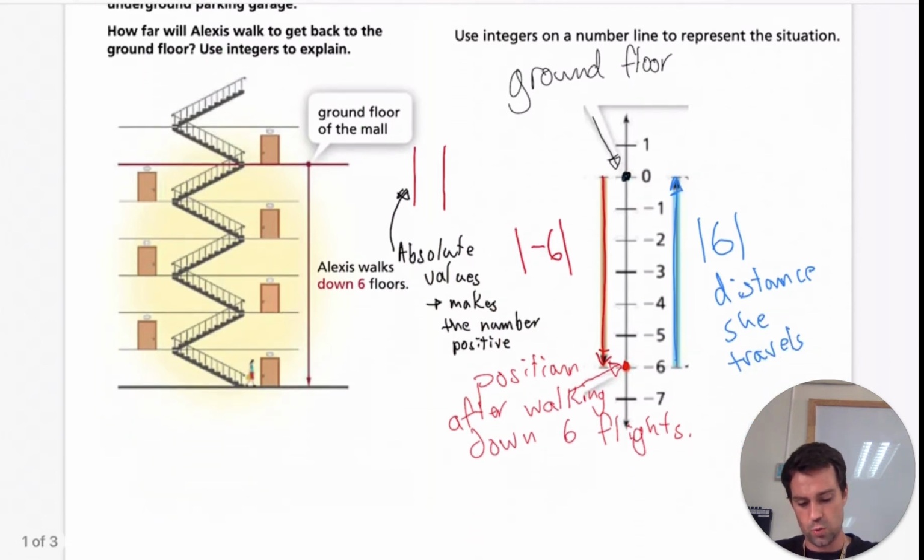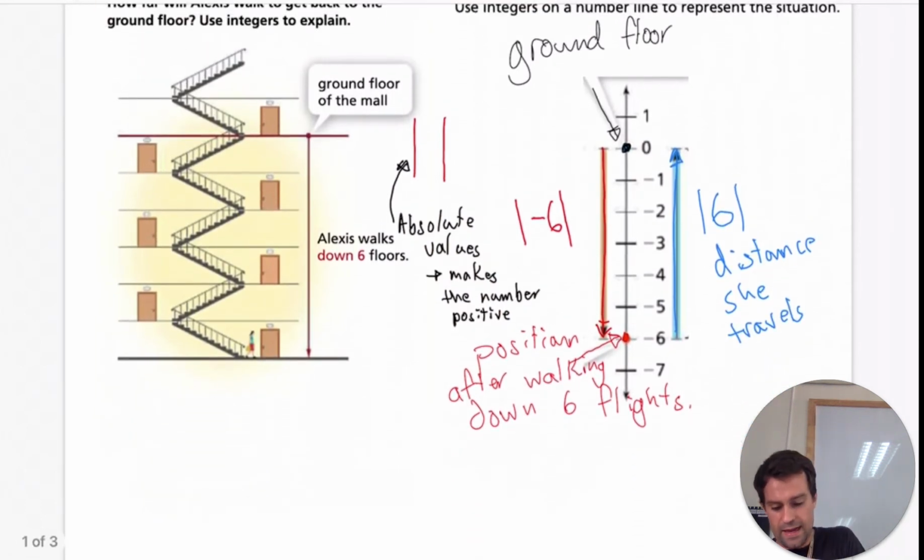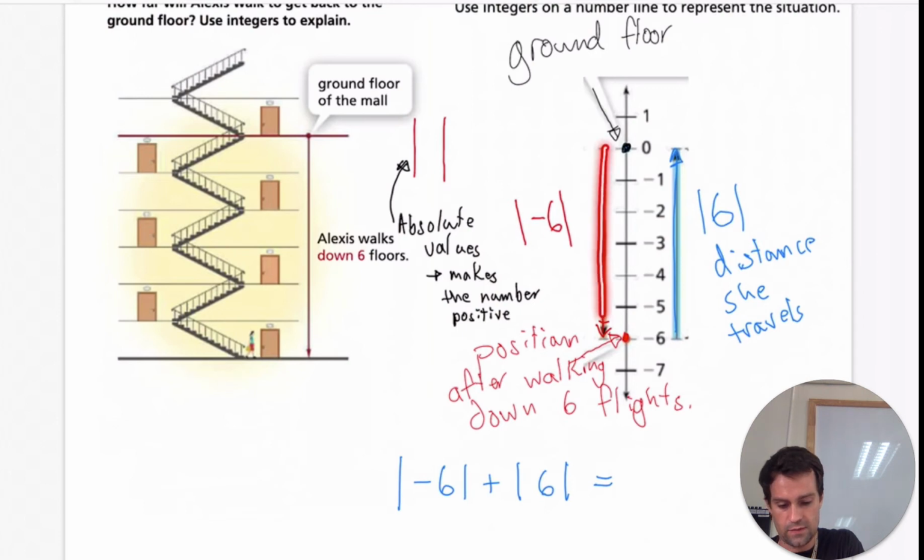Okay, so we can see that the absolute value of -6 plus the absolute value of 6 is equal to, she goes down 6 flights, and then she gets her phone, and then she goes back up.